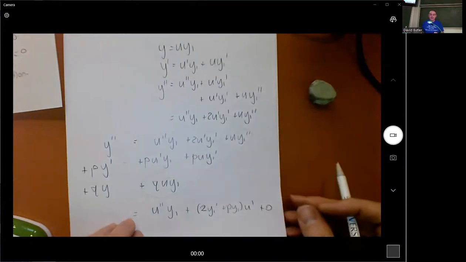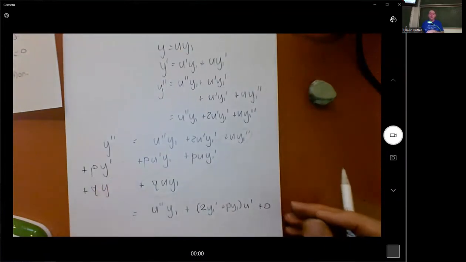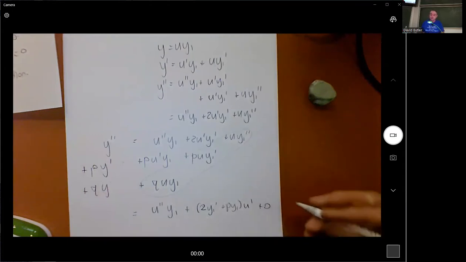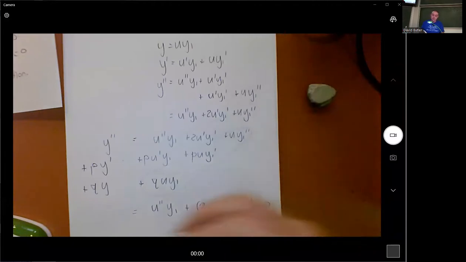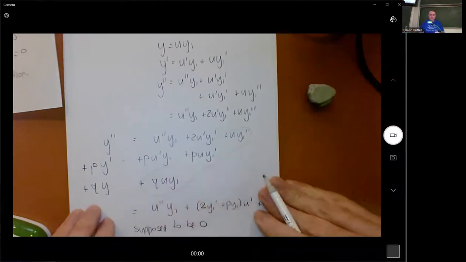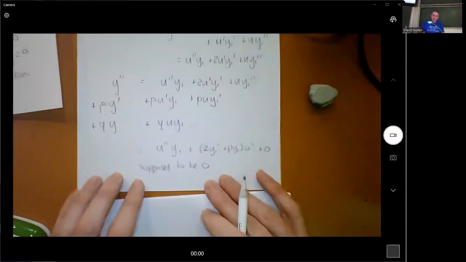And this is supposed to be 0, right? Because my y is supposed to be a solution to the equation as well. Oh, it's so nice.